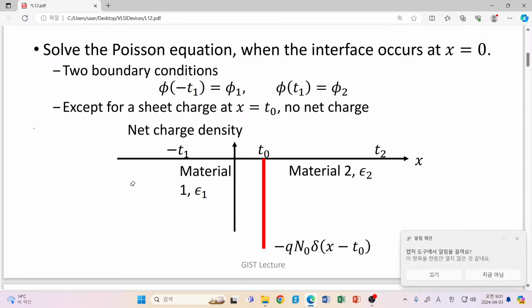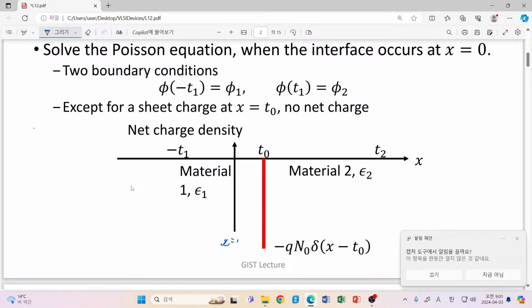Think about these two material systems. One is material 1 having epsilon given by epsilon 1, and consider another one called material 2 whose epsilon is epsilon 2, and the interface is located at x equal to 0.